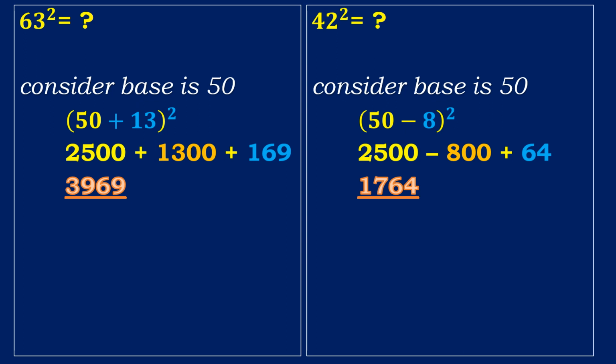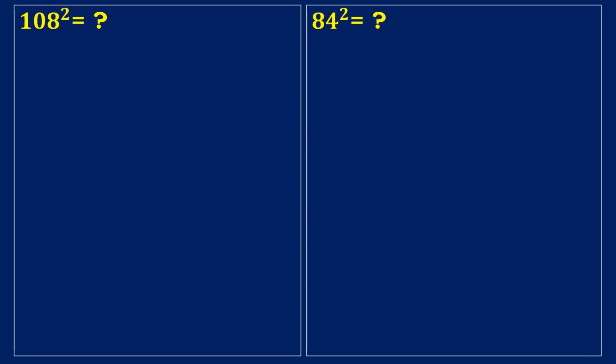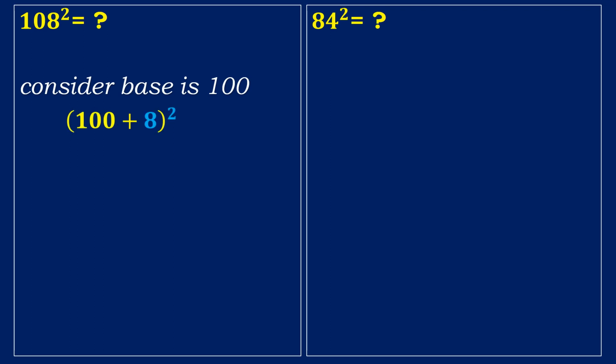Let's take a third example to understand this concept. Find 108 square. Let's consider the base value is 100. Split the number 108 into 100 plus 8. Then 108 square becomes 100 plus 8 whole square.